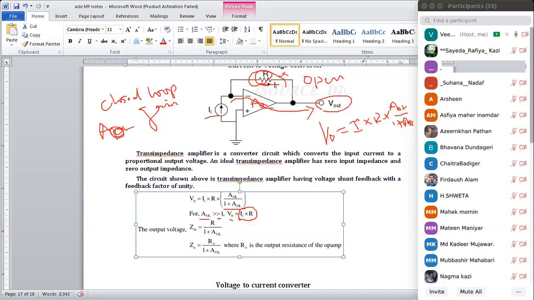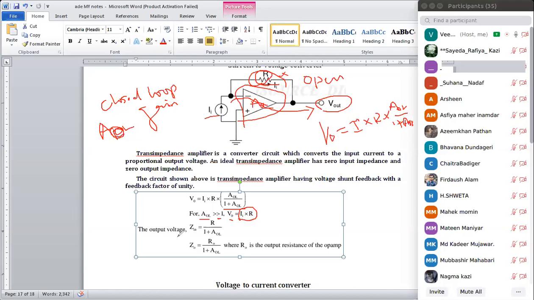In this amplifier, we have two transistors actually, connected in such a fashion to generate this op amp circuit.